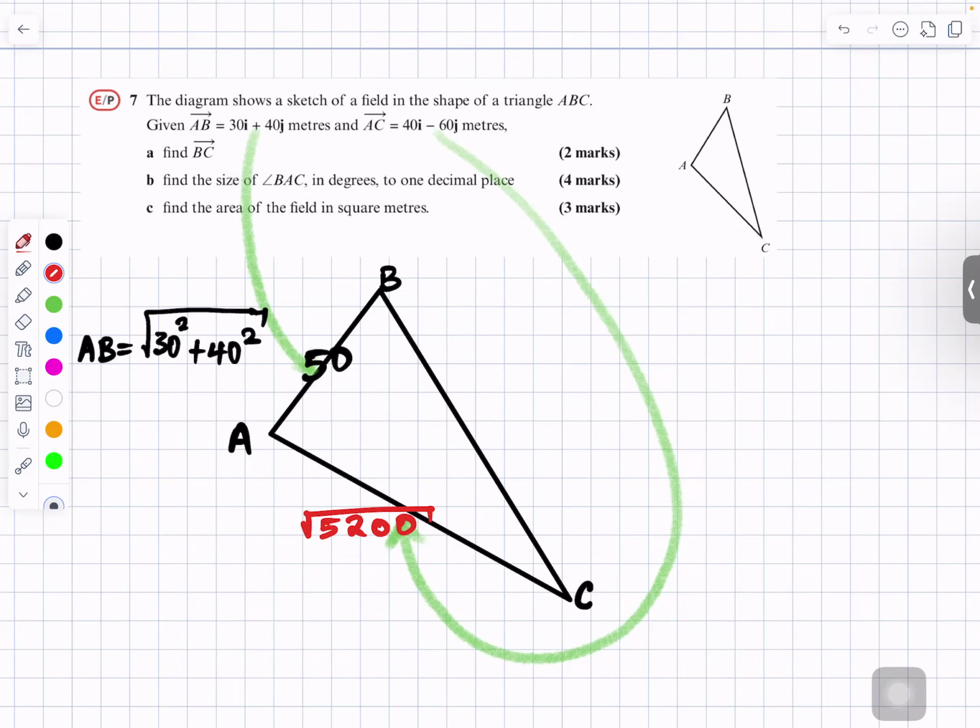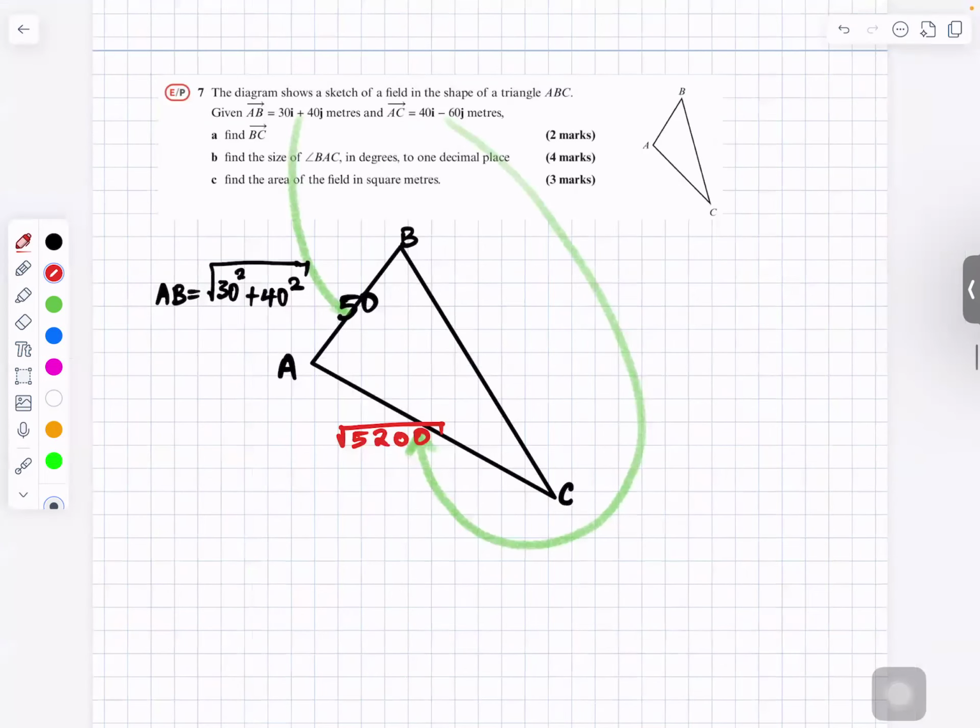Let me show you in terms of vectors. BC is the same as going from, let's make them towns. Tell me a town that begins with B. Bristol. Another one that begins with an A. Okay, let's say Amersham.